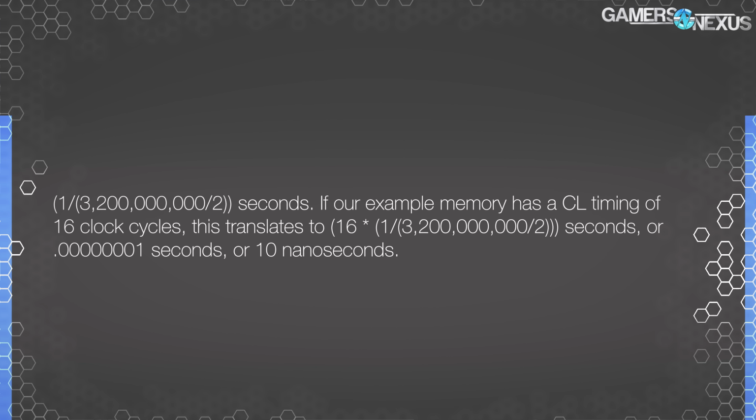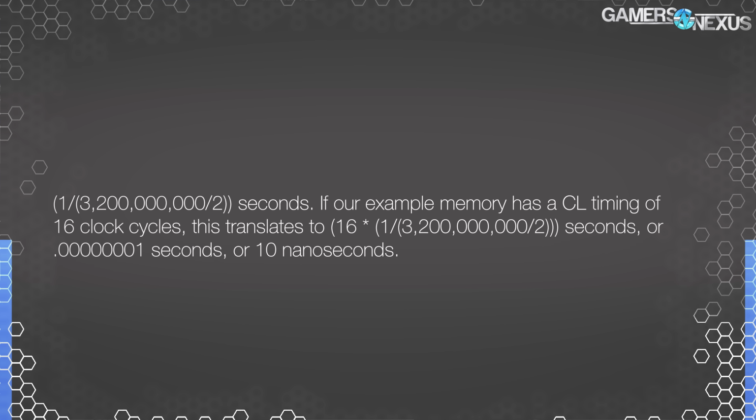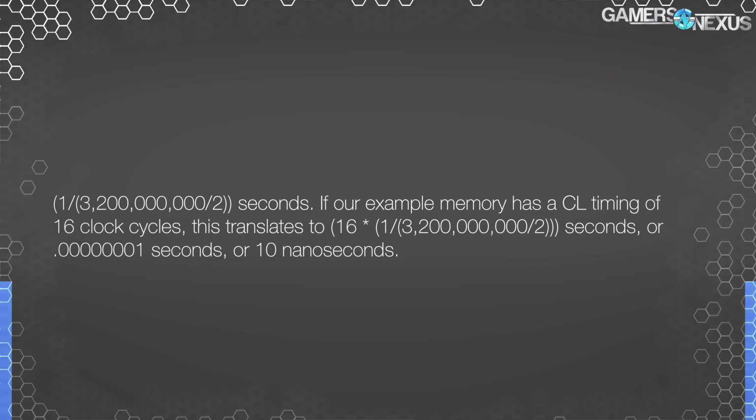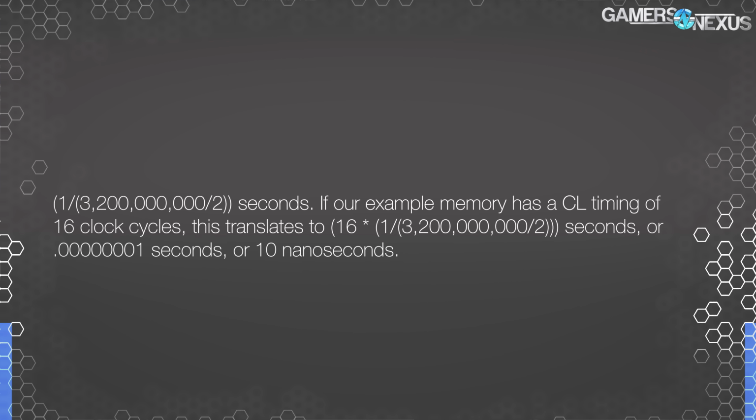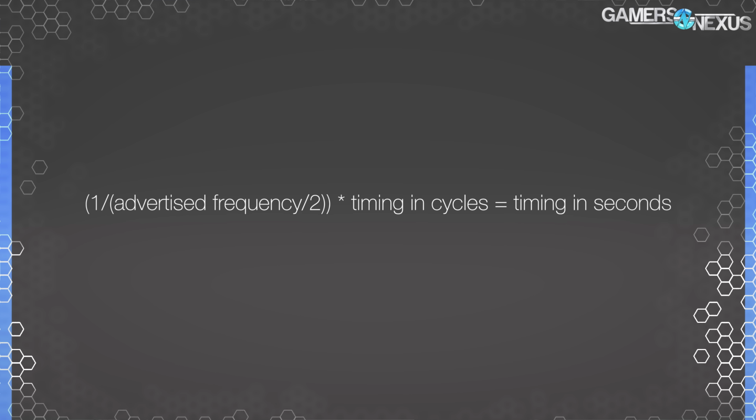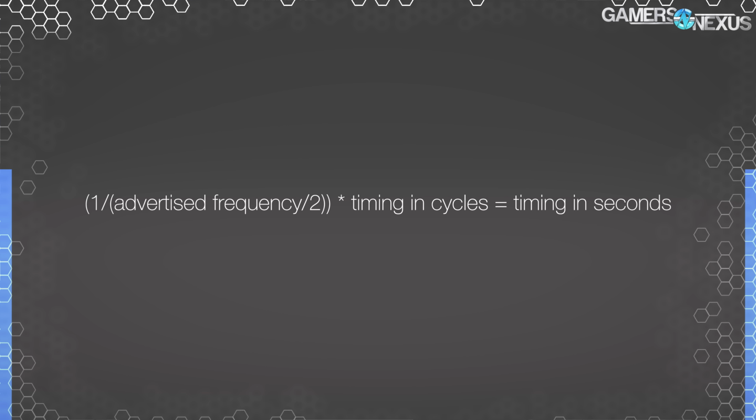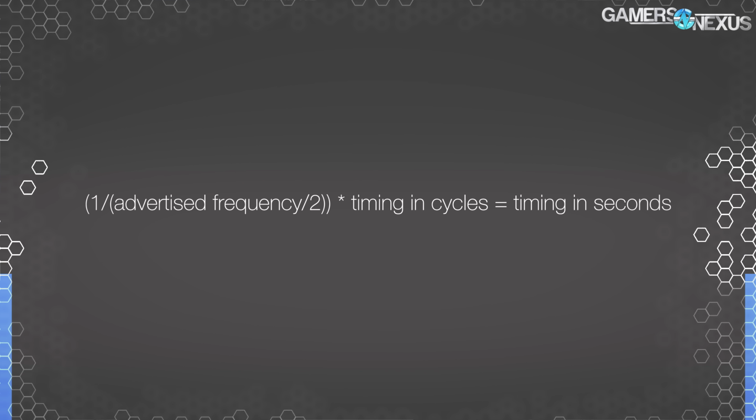If our example memory has a CL timing of 16 clock cycles, this translates to 16 times 1 over 3.2 billion over 2 seconds, or 0.000001 seconds, or 10 nanoseconds if we make it easier. The equation is 1 over advertised frequency over 2 times timing in cycles equals timing in seconds.